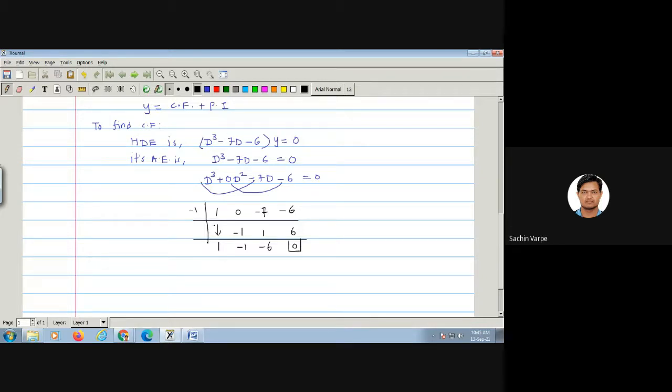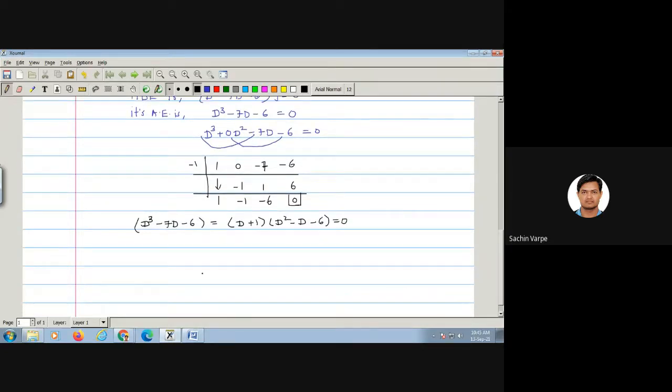So I can write D cube minus 7D minus 6 in factor form: D plus 1 into D square minus D minus 6 is equal to 0.